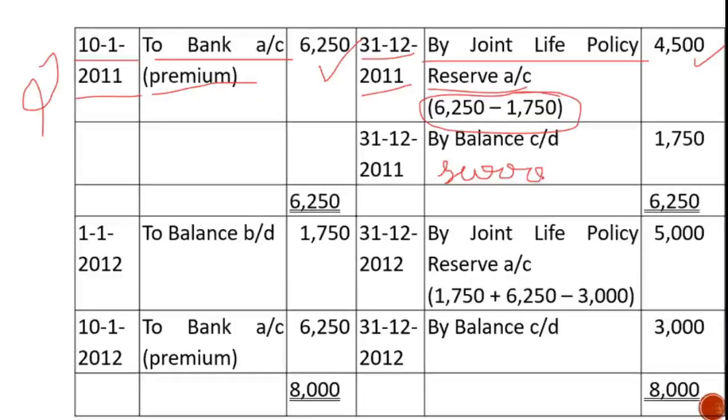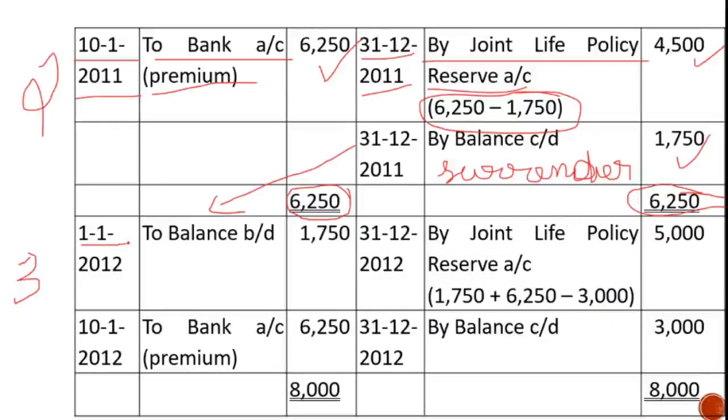Now the balance will be taken as surrender value. So surrender value is 1,750. So total on both the sides is 6,250. We have a balance of 1,750 that will be carried to the beginning of the third year.